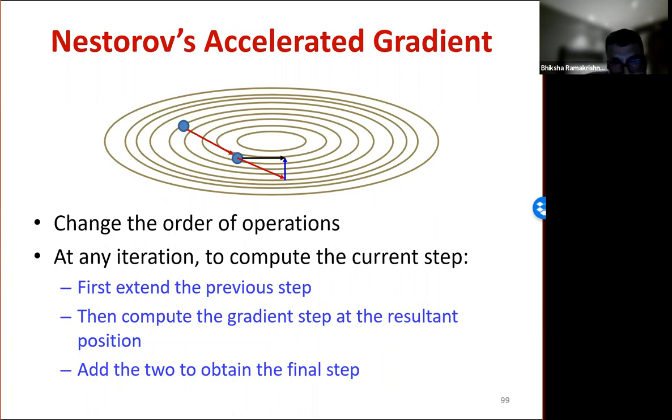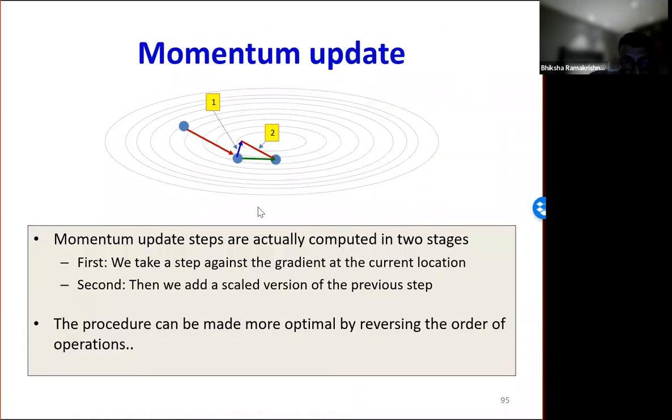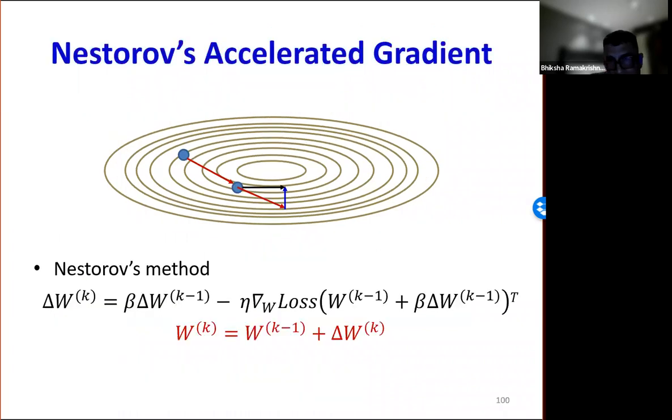It turns out that putting the step in the direction of steepest descent after the extension is more optimal than putting the steepest descent step before the extension. And so this was Nesterov's accelerated gradient method. And this is for convex functions. This is actually known to be more optimal than gradient descent, momentum.